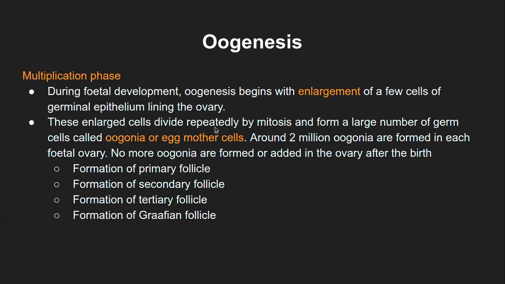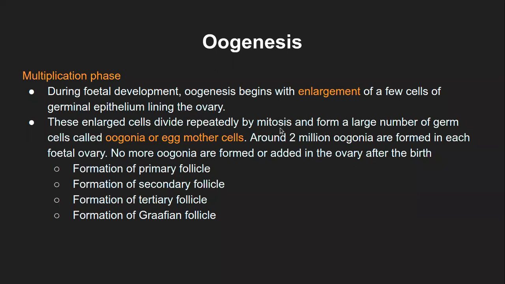So the enlarged cells of the germinal epithelium will divide mitotically and form a group of germ cells, and that cluster of cells will be called oogonia, or individually they can be called an egg mother cell. Oogonium, I-U-M, that will be the single cell. Gonia refers to the plural form of it.